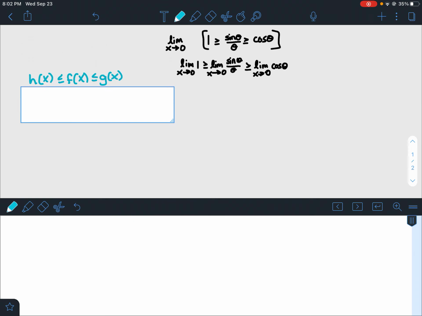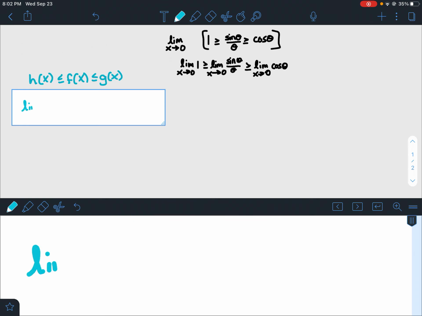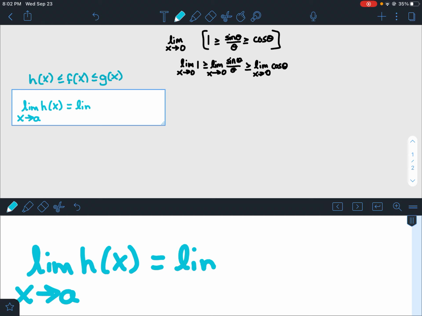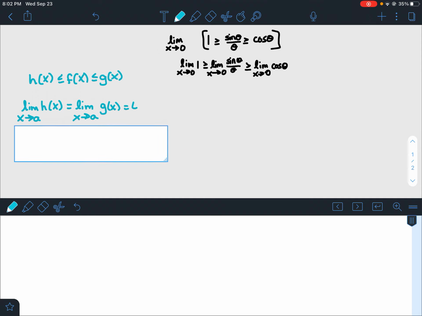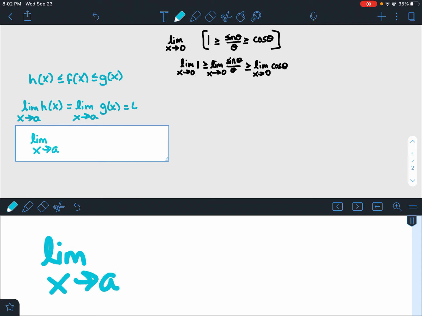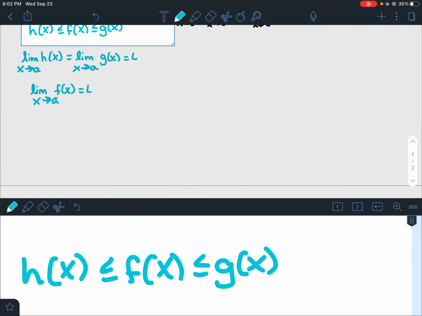If the limit as x approaches a of h of x is equal to the limit as x approaches a of g of x, and it equals L, then the limit as x approaches a of f of x equals L. So basically, we're trying to find f of x.